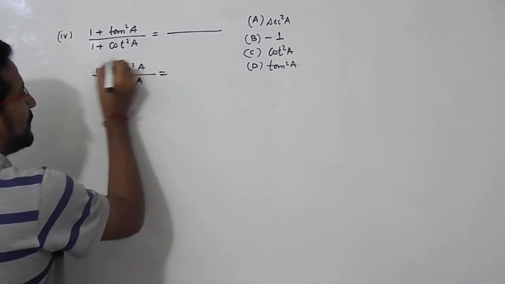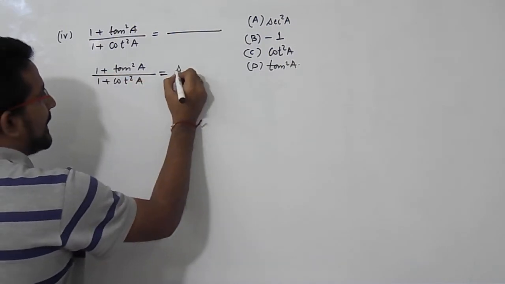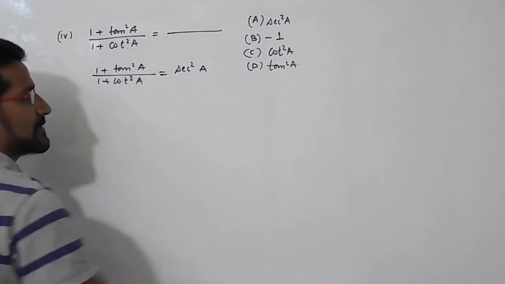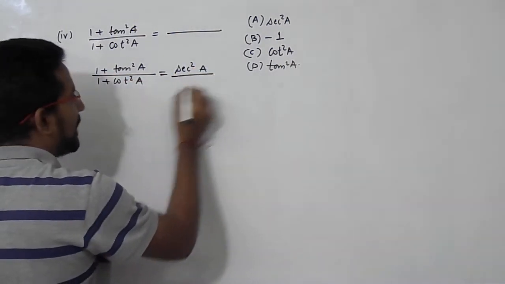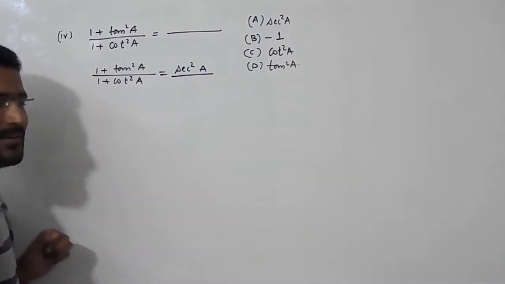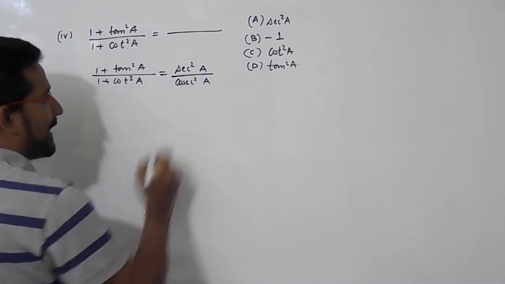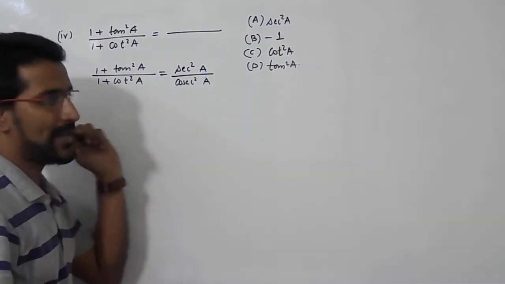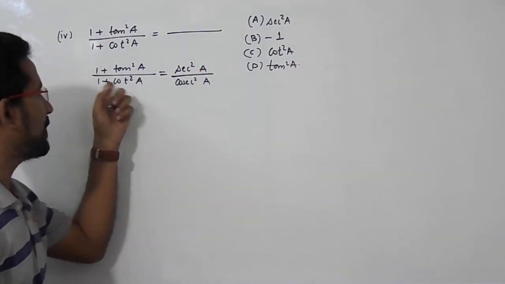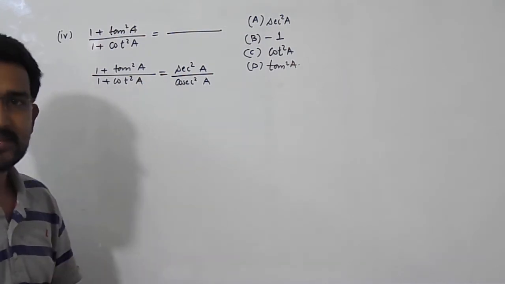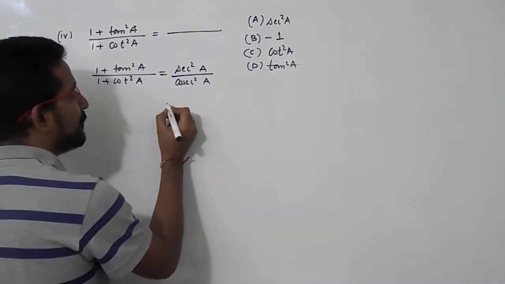So in the place of 1 plus tan square A, I can write sec square A divided by 1 plus cot square A, which is nothing but cosec square A. So we have already seen that identity. So 1 plus tan square theta is sec square theta, and 1 plus cot square theta is nothing but cosec square theta. So here in terms of A.